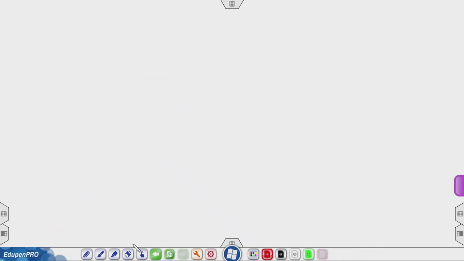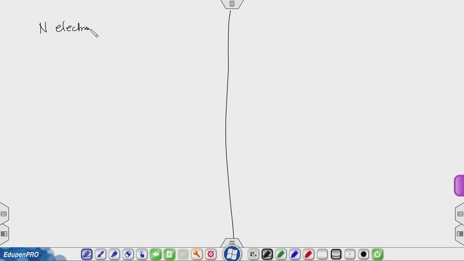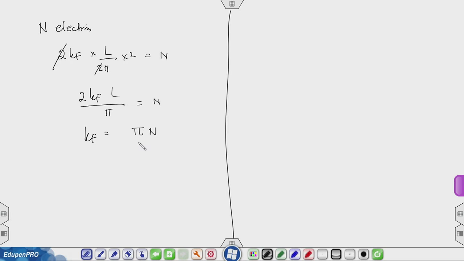So, what we have found, if there is a one dimensional system in which there are n electrons, then I have 2 k f times L over 2 pi times 2 equals n. This 2 cancels, 2 k f L over pi equals n, or k f equals pi n over 2 L, which is pi over 2 lambda.